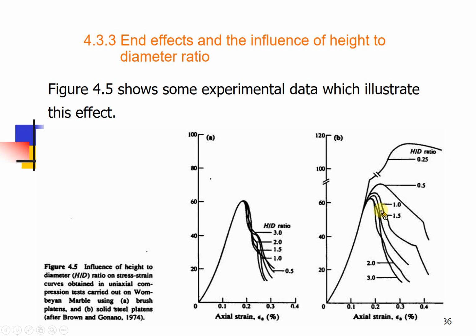Then if the sample expands, the needles can freely change shape, so you will not really have the friction. That is, if you use the brush platen, then you will not really have the end effect. The end effect can be eliminated. Under this condition, no matter which sample size, you will have identical stress strain curves. Okay, so the end effect could be quite important.